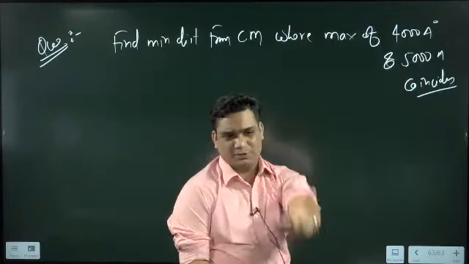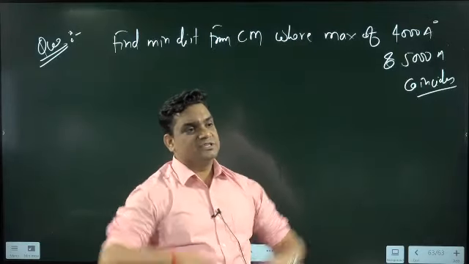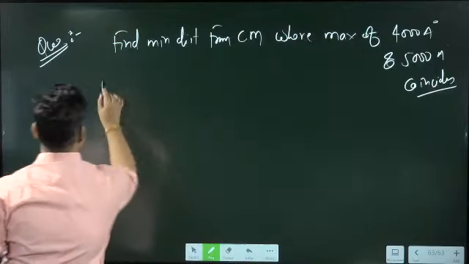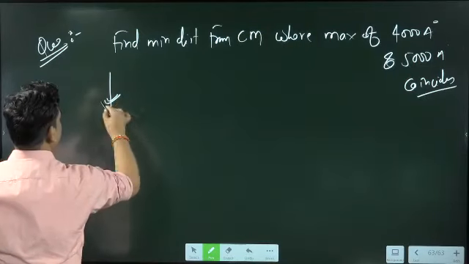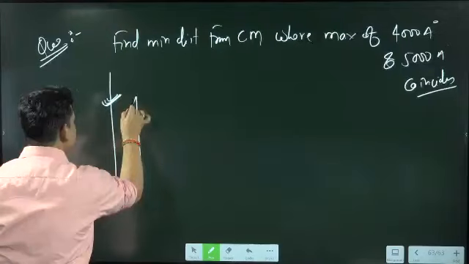Like last to last examination I asked that. Here I am not given anything, I am just saying find the minimum distance where both will coincide. So if this is the central point, suppose they coincide at this point. So basically I am asking this y.